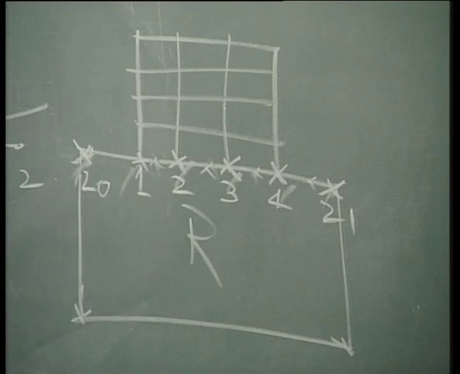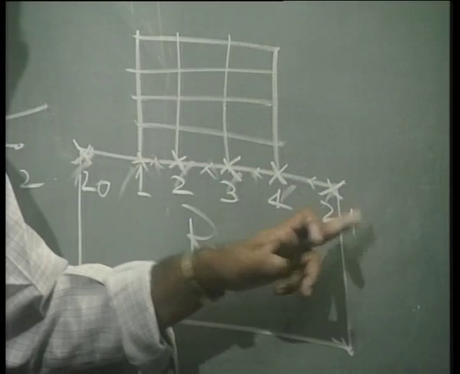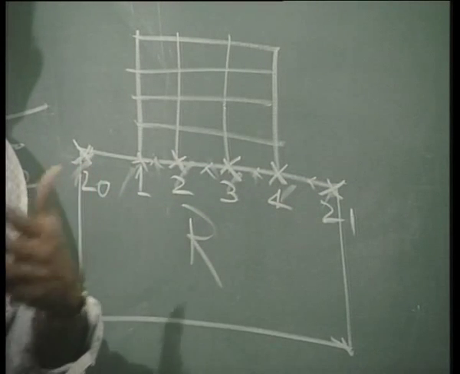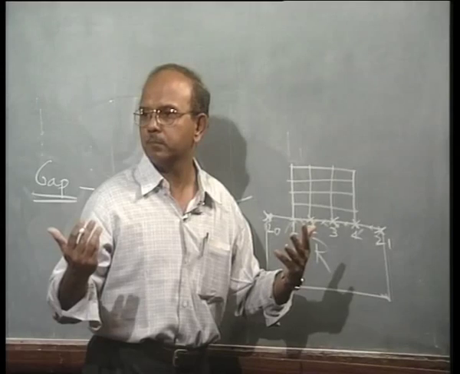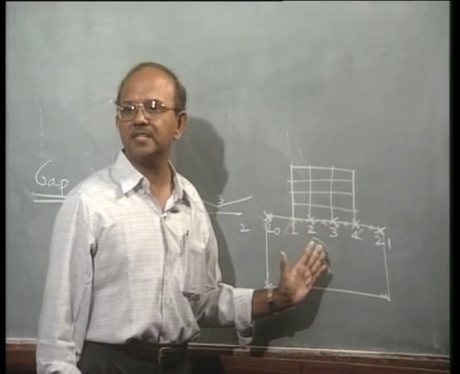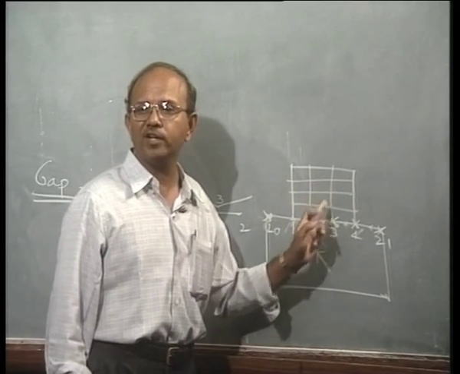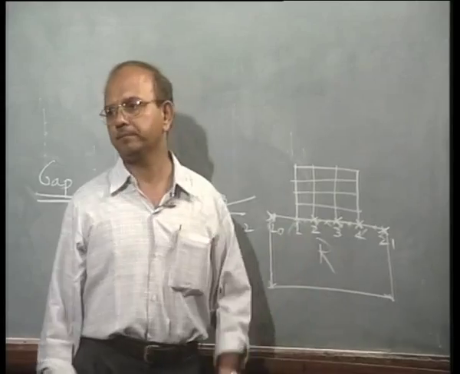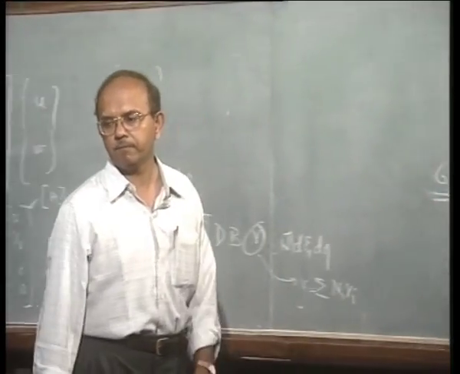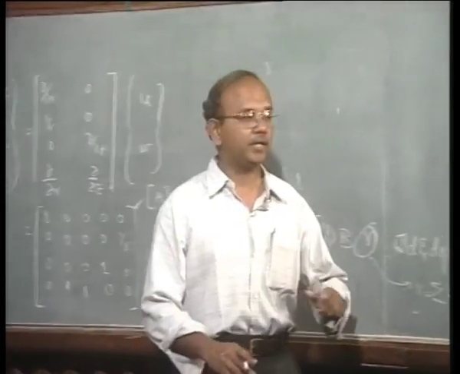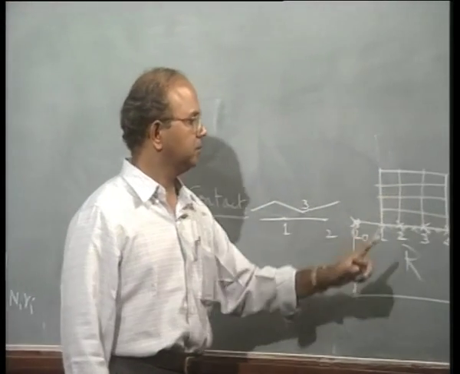Sometimes people call 20, 21 a master surface, or rigid surface. Now, the contact in this case is between a deformable body and a rigid body. Is that clear? It is between a deformable body and a rigid body.